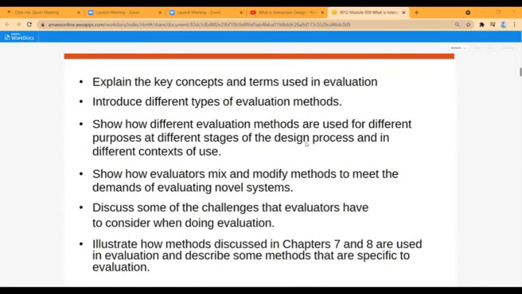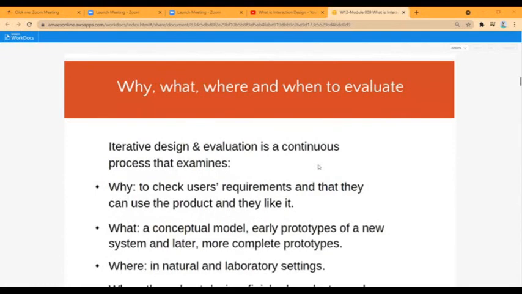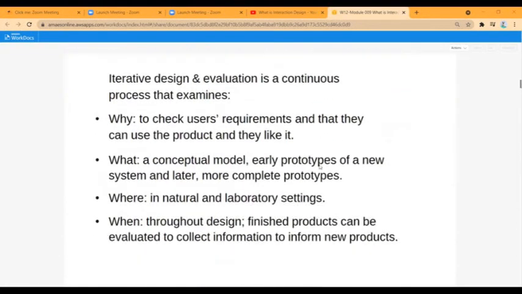Lastly, illustrate how methods discussed in chapters 7 and 8 are used in evaluation and describe some methods that are specific to evaluation. Why, what, where, and when to evaluate. The iterative design and evaluation is a continuous process that examines why, to check users' requirements and that they can use the product and they like it.